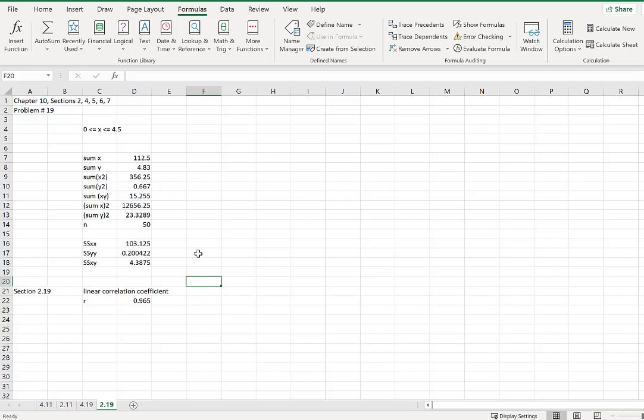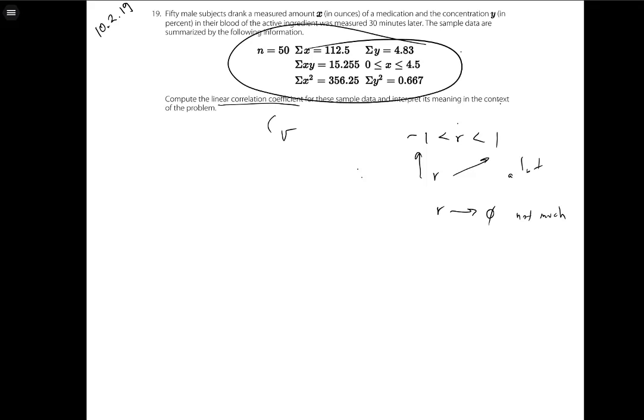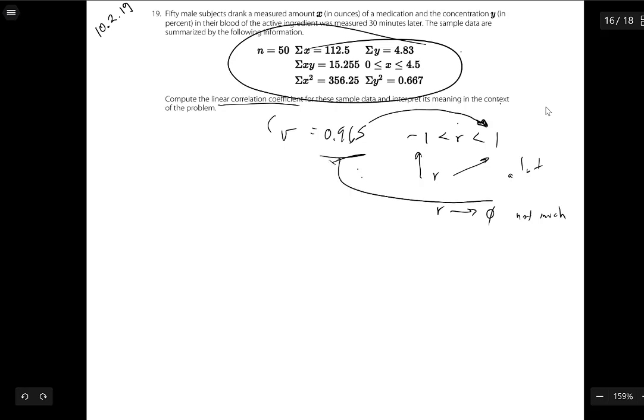And as I was just mentioning back here on the other page, R equaling 0.965 is close to 1, so it's relatively close to 1, which indicates there is a lot of correlation. The amount of medication that was drunk in ounces is strongly correlated to the concentration Y in the blood 30 minutes later of that active ingredient.